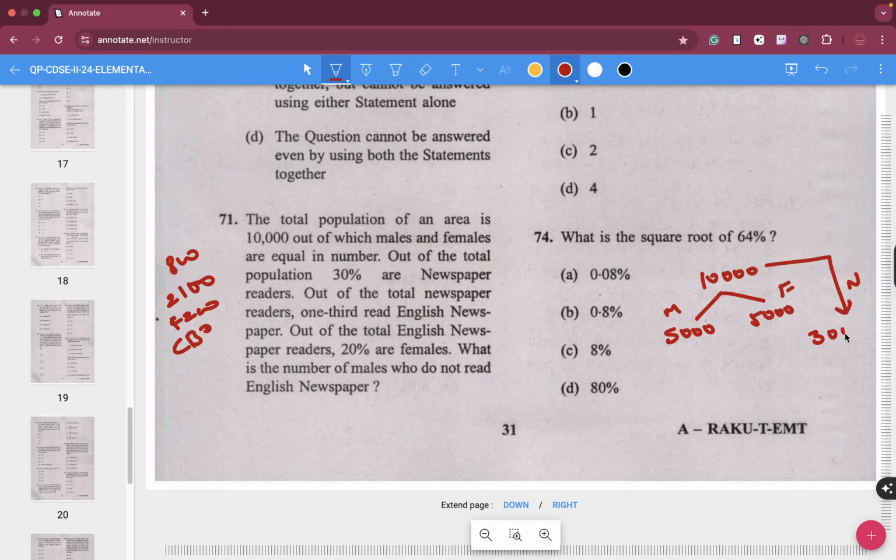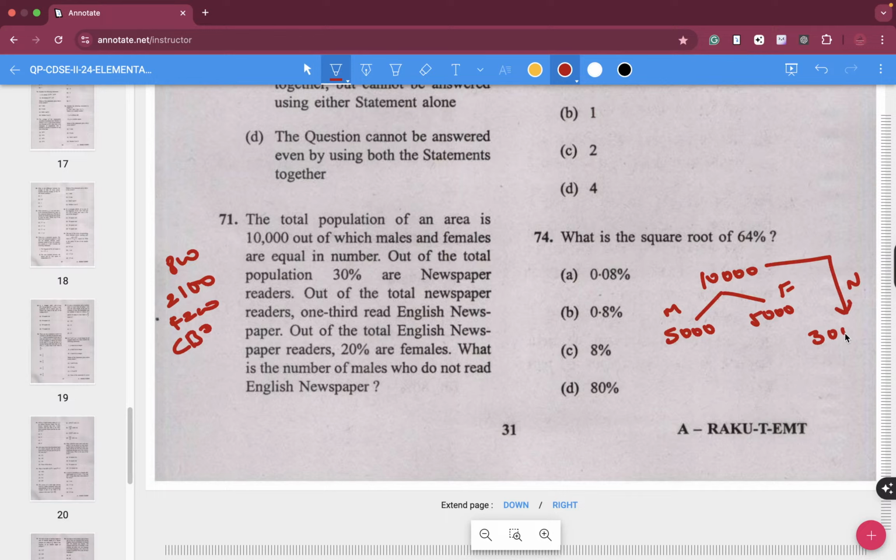Now don't run to pick up this particular answer. It will be wrong over here. 0.8 in numeric terms is equal to this particular value, because percentage means 1 by 100 over here, folks.